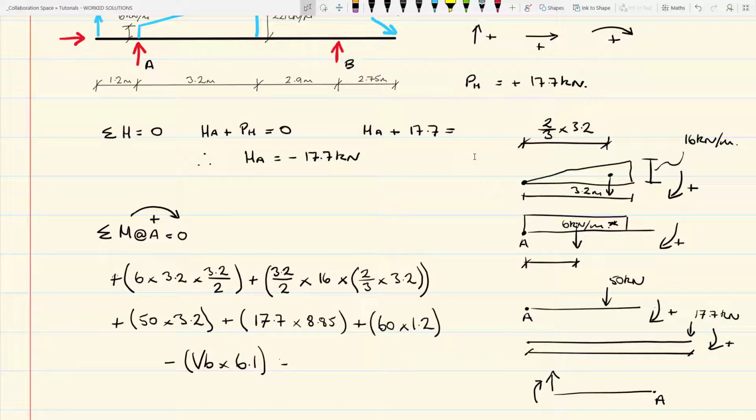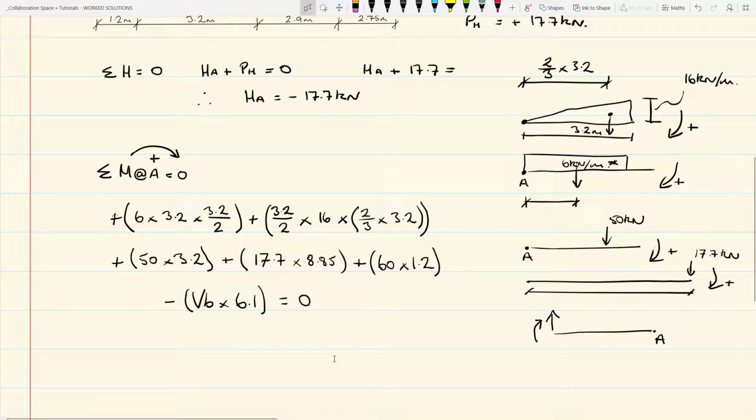And all of that, as per our original equation of equilibrium, all of that has to equate to 0. If you go on and then simplify that, you should find that 474.9 minus 6.1 VB equals 0.